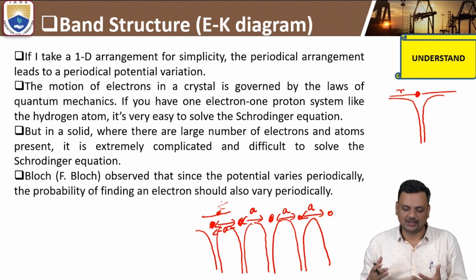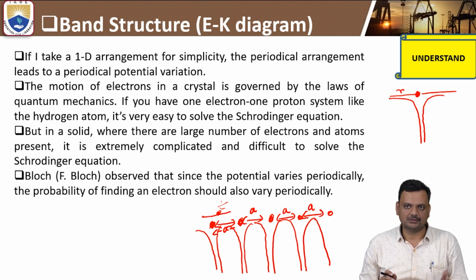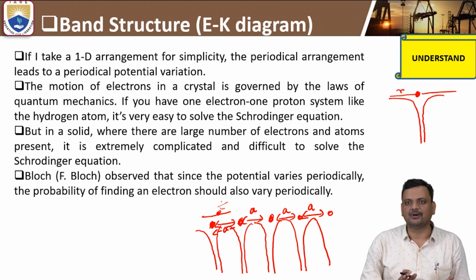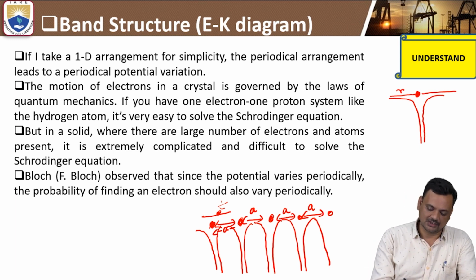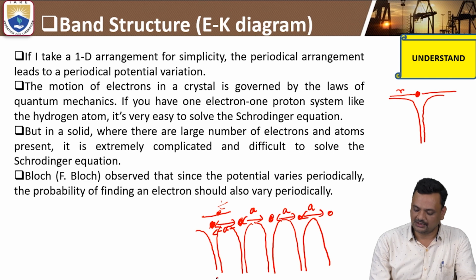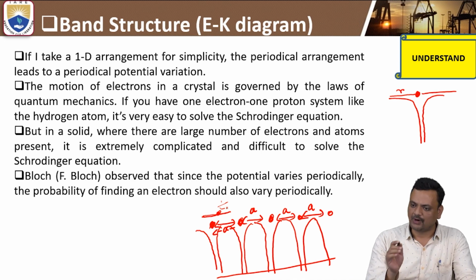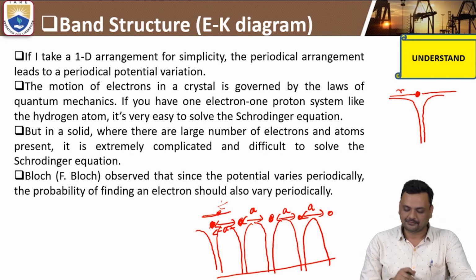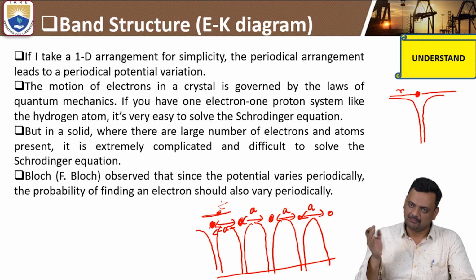So we take one assumption, and that assumption is taken by one scientist named Bloch. F. Bloch observed that since the potential varies periodically, the probability of finding an electron should also vary periodically. He suggested that if this is the periodic potential, and any electron tries to move inside this periodic potential, then whatever wave function is associated with that electron will also have some periodic nature.